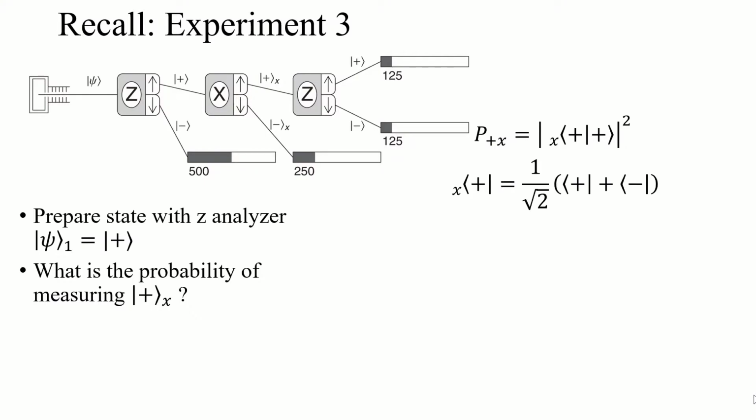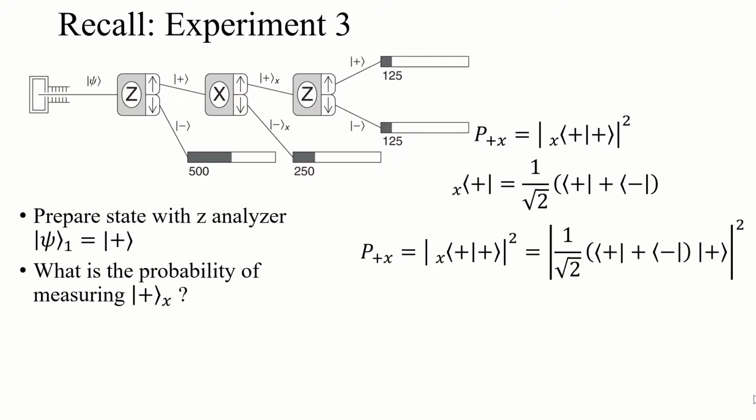We want to be in a single basis when we do this, so we write the spin up in the X bra in terms of our Z basis states, which we know looks like this. Then we can use our Dirac bra-ket notation and the fact that the spin up and spin down in the Z direction states are orthogonal.